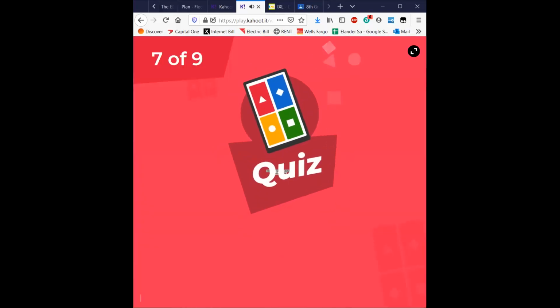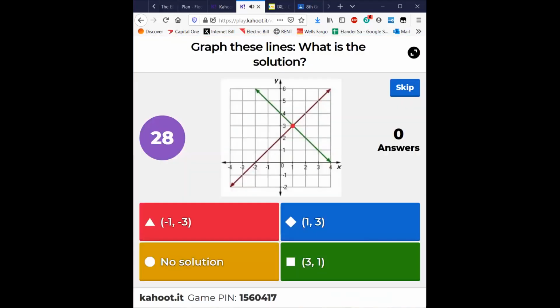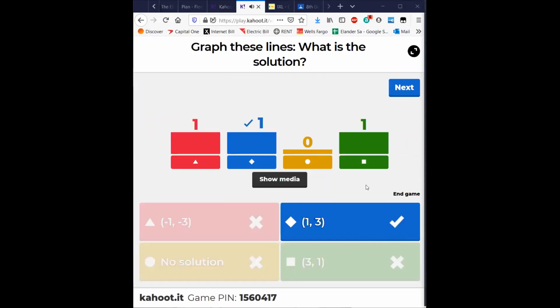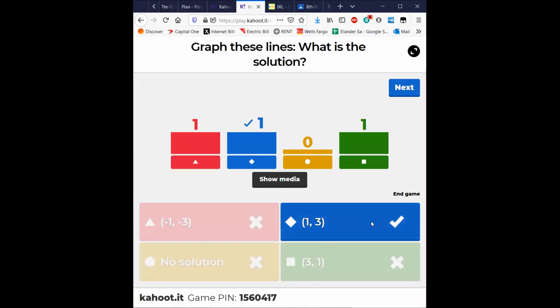Ready. So on this one, again, we're trying to find our intersection, which is right here. So we start at the origin and we say 1 left, 3 up, right? X comma Y. So 1 comma 3. Okay, so that would be blue.